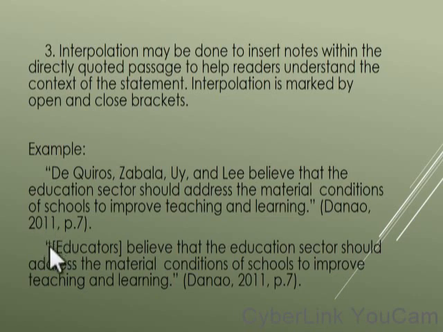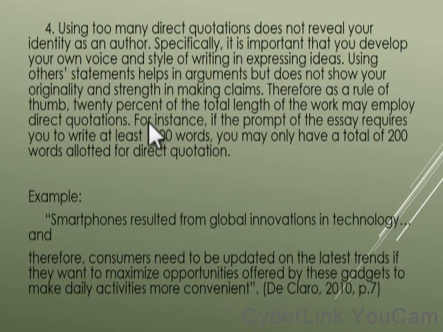First quotation marks, then open bracket, the word educators, or the word to be replaced by the following names, close bracket, then the words or the sentences or the statement: believe that the education sector should address the material conditions of school to improve teaching and learning. Close quotation mark. Then the name of the author, the year of publication, and the page, enclosed by open and close parentheses. Number 4.